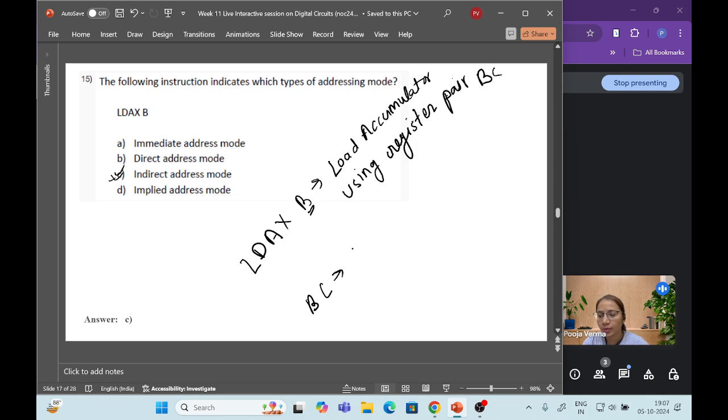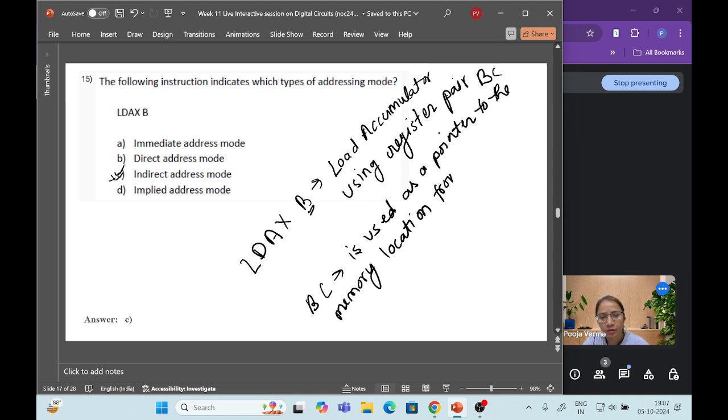So register pair BC is used as a pointer to the memory location from which the data is to be loaded into the accumulator.